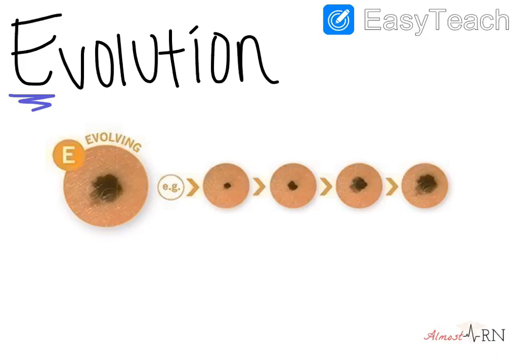So evolution can occur in size, color change, things like that. And you can see here in this example, the mole starts out very small and slowly gets bigger. And you can even see too that the color distribution in the border is also changing.